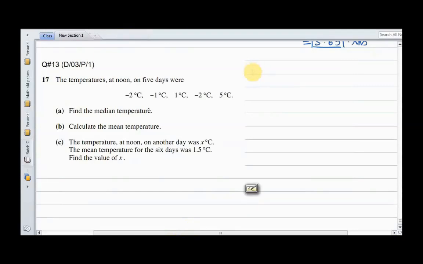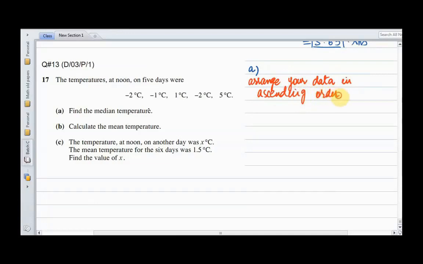Now I have told you that there is one important step to find the median of ungrouped data, and the step is: first arrange your data in ascending order.